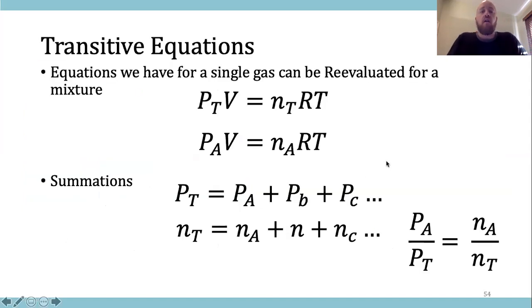So what you're going to see here are essentially some transitive equations where we're looking at the ideal gas law in a different way. The top equation here is the same ideal gas law that we just looked at, PV equals nRT. The only difference here is the T means total. So the total pressure times the volume equals the total moles times RT.